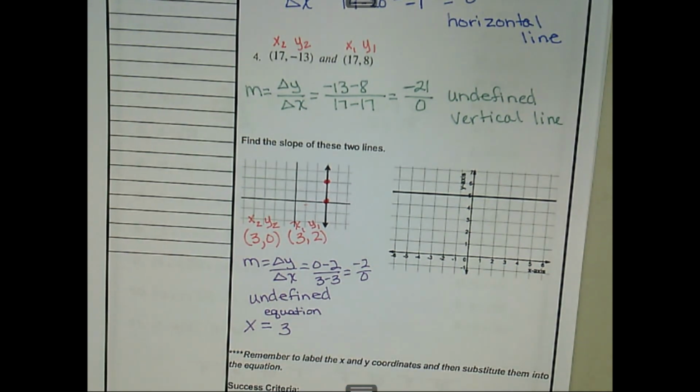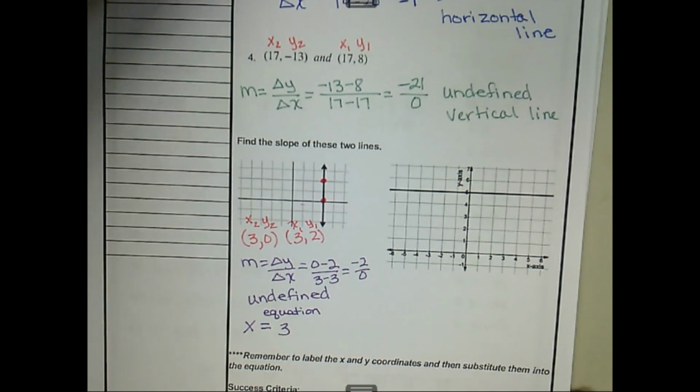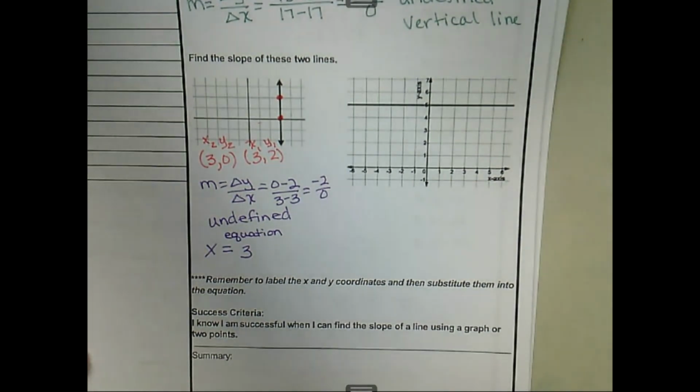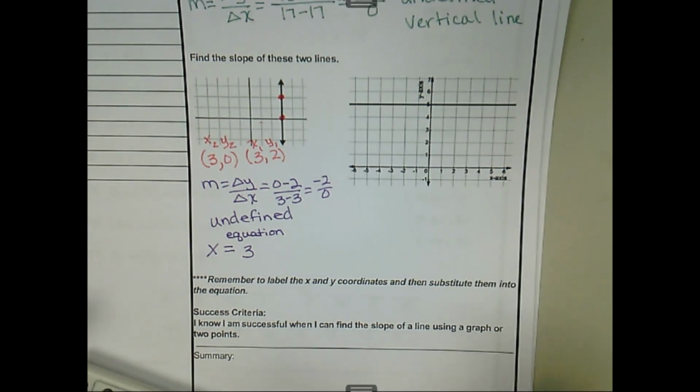Because your x value is always going to be 3. It doesn't matter what your y value is. As long as you have 3 with another number, then you are good. So that's your vertical line. Vertical line means undefined slope because we cannot divide by 0. And it means x is equal to a single number.